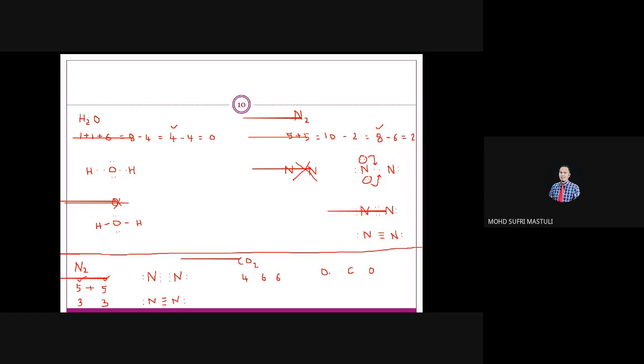Because oxygen has 6 valence electrons, it needs another 2 in order to achieve 8. So it means they have to share 2 electrons. This one also has to share 2 electrons. So they share 2 electrons with the carbon, and carbon has to provide another 2.